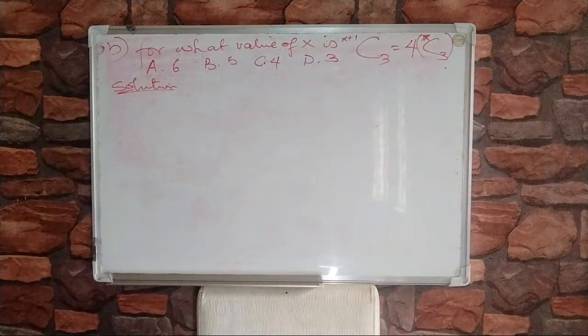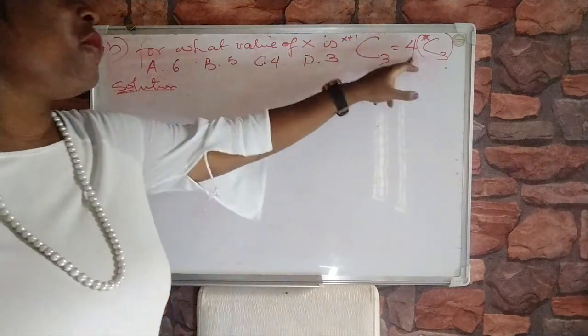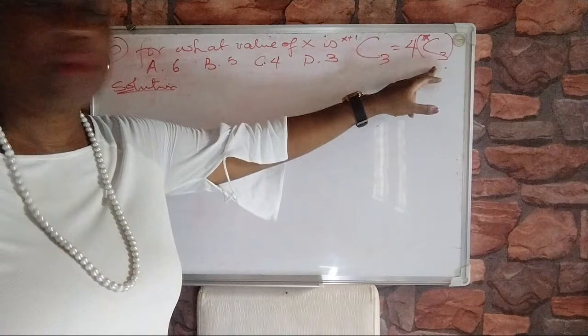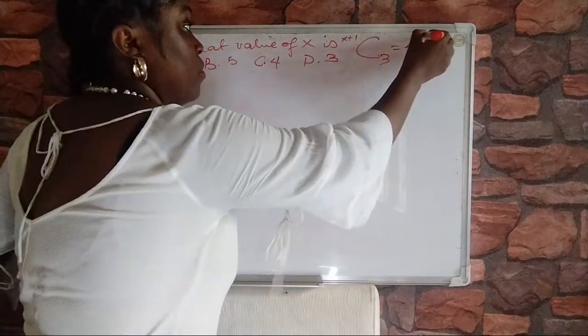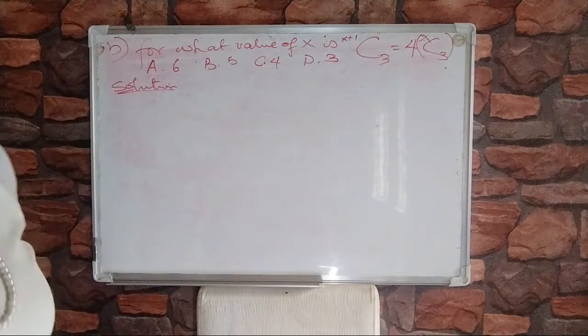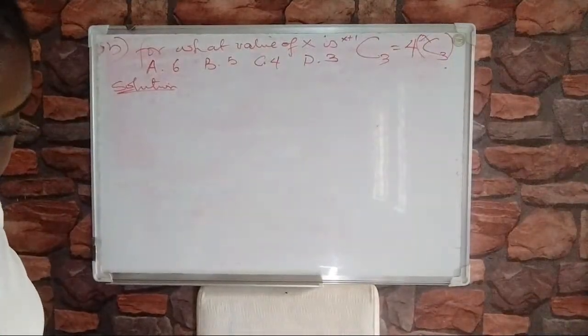For what value of x is x plus 1 combination 3 equal to 4 into bracket x combination 3? So they want us to find the value of x.